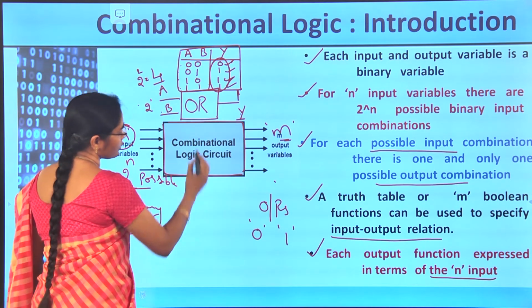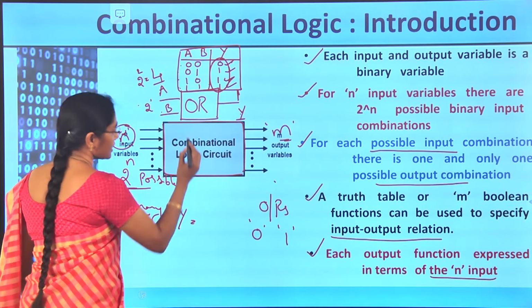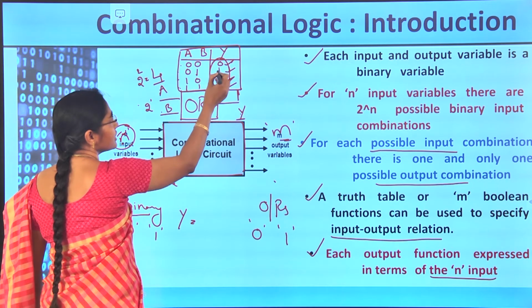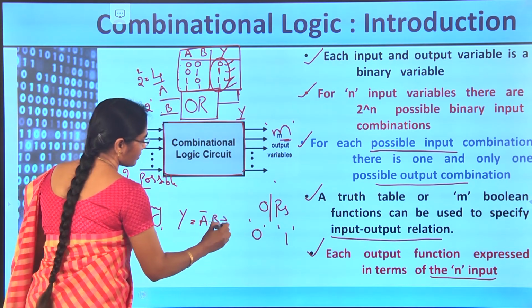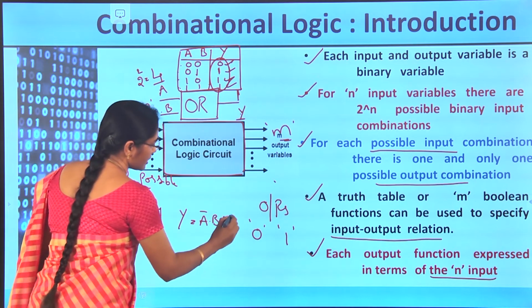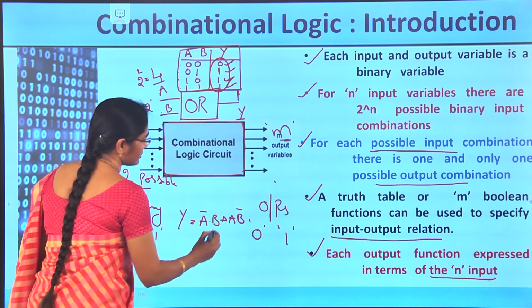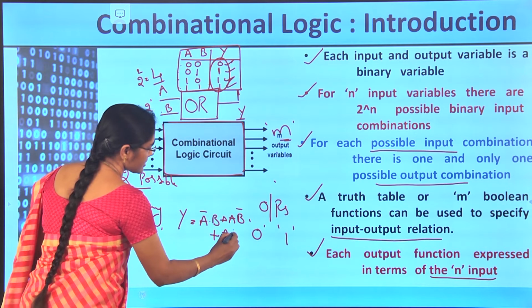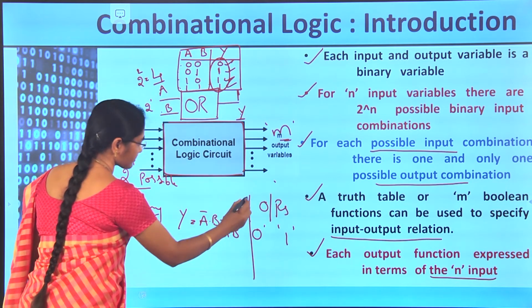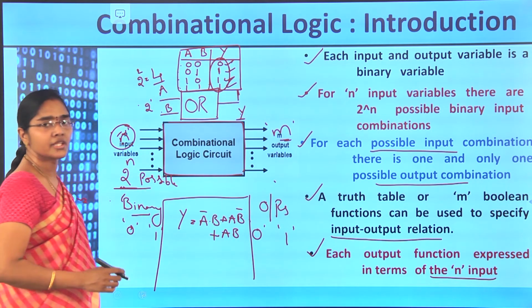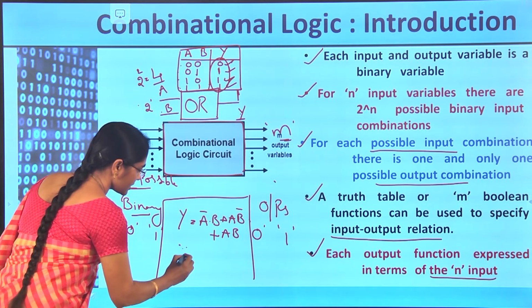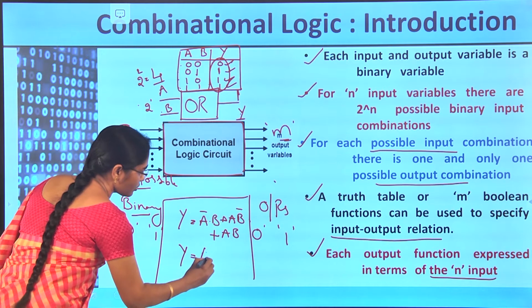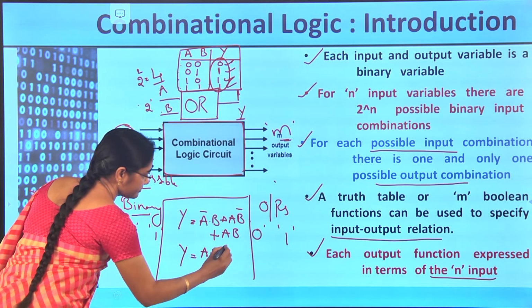Written out, y equals a bar dot b plus a dot b bar plus a into b. If we simplify this using a K-map, the final expression for the OR gate is a plus b.